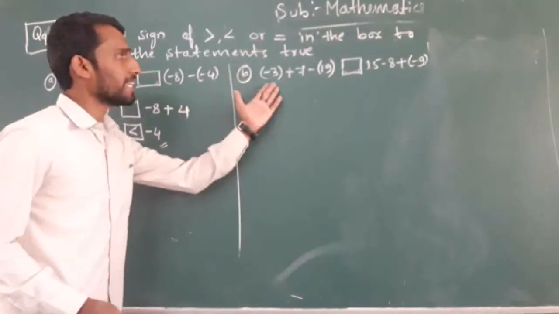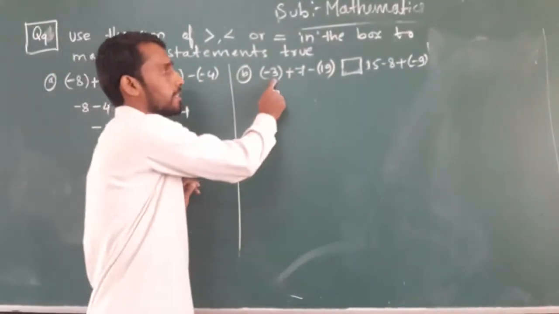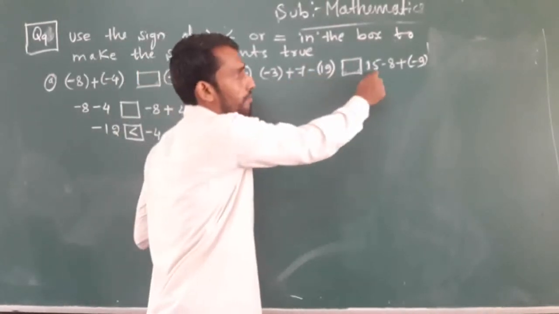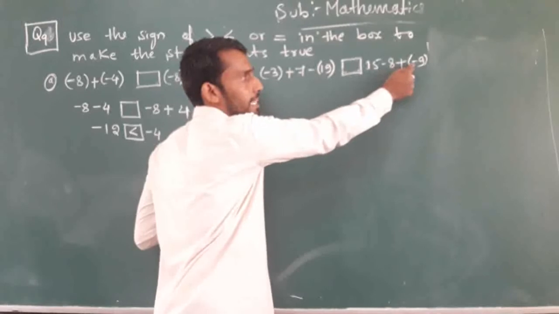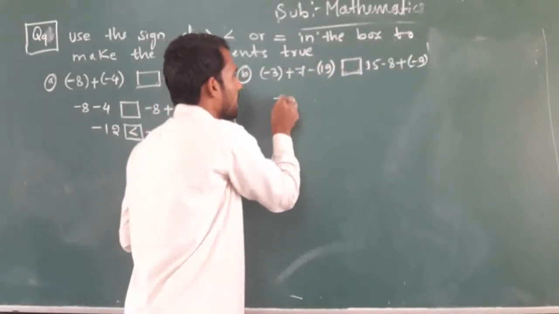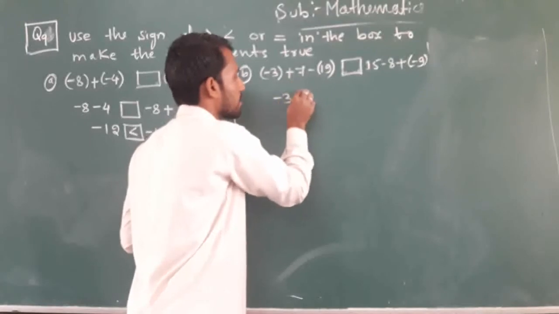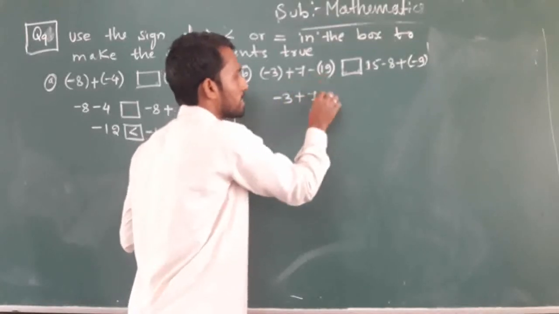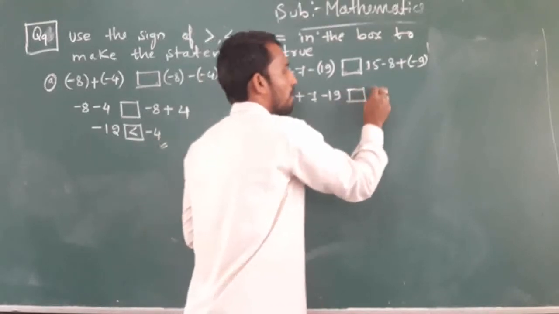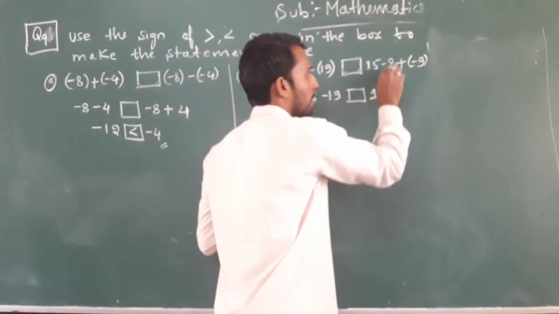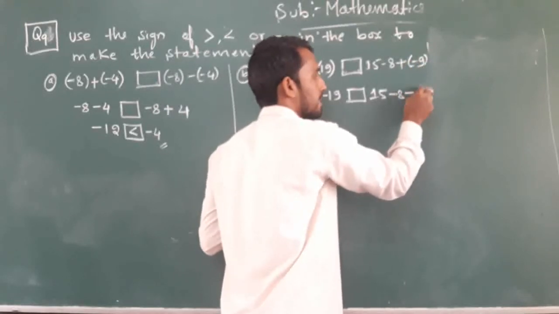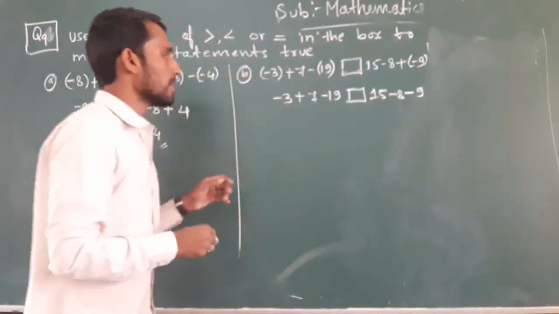Next problem: minus 3 plus 7 minus 19, and 15 minus 8 plus (minus 9). We will check minus 3 plus 7 minus 19. Then 15 minus 8 plus into minus 9.